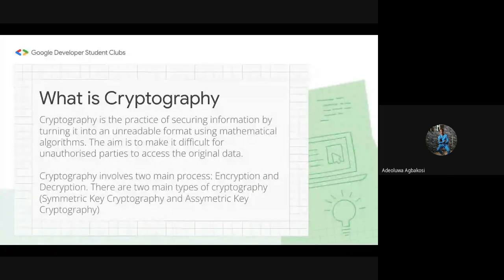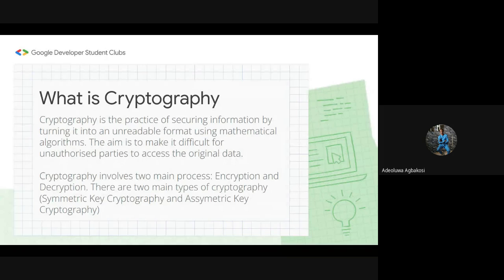Cryptography is basically divided into two main processes: encryption and decryption. Encryption is the process of turning the data into the unreadable, and decryption is the process of taking the unreadable document we have and changing it into the original text, the original data we had.